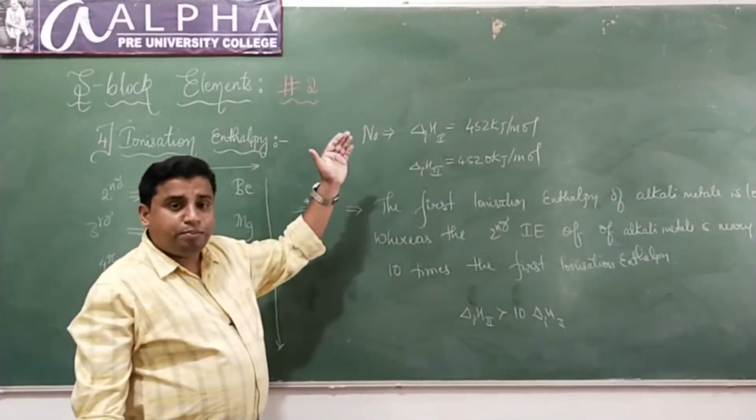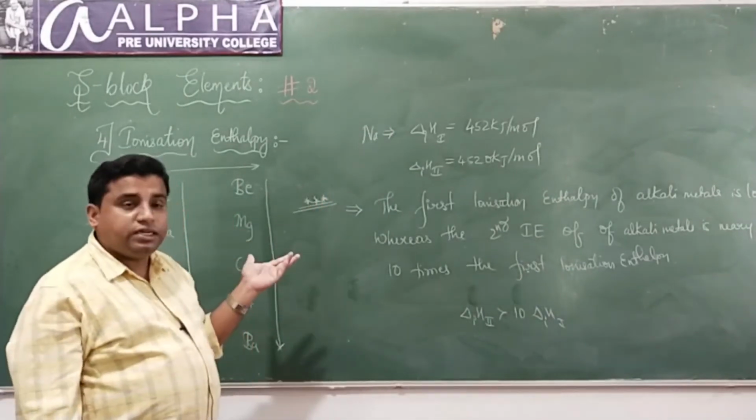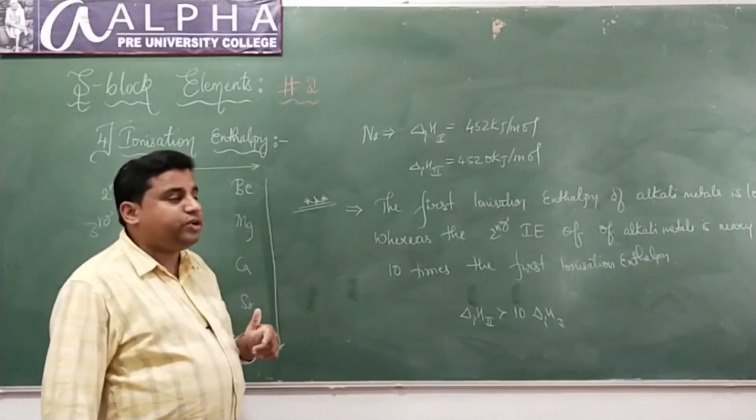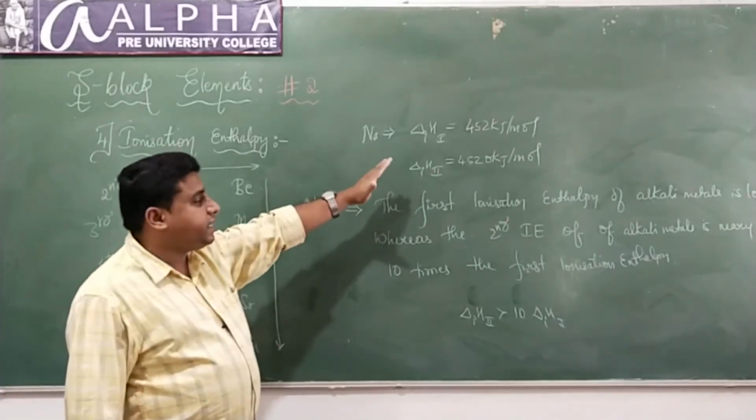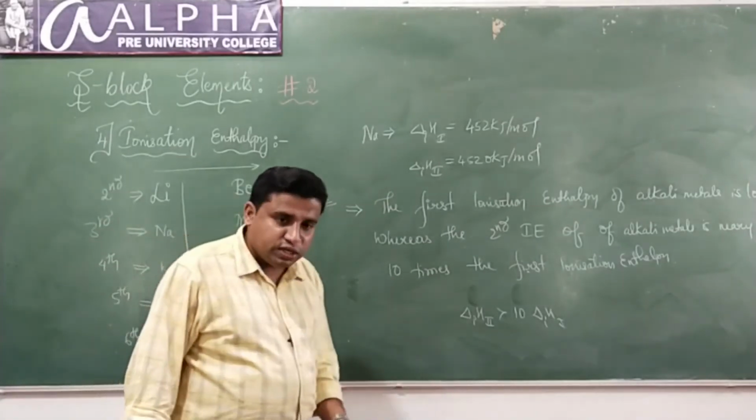Don't you think it is approximately 10 times more than the first ionization enthalpy? Why is the second ionization enthalpy so high compared to the first?